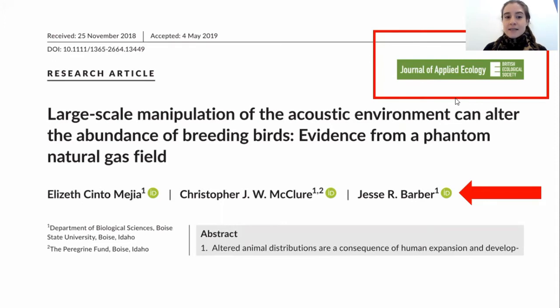In my type of research, because it was not just basic ecology, it was also kind of applied, and I wanted people to use this data to make decisions later on in the environment regarding sound levels. This is why I chose this journal.